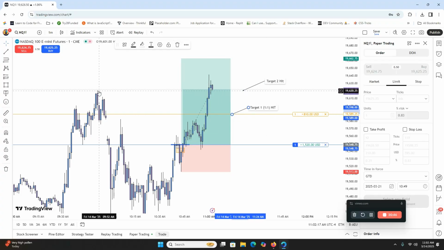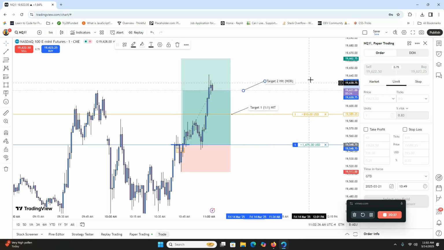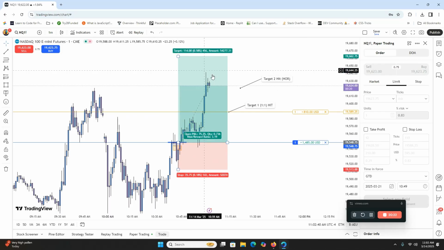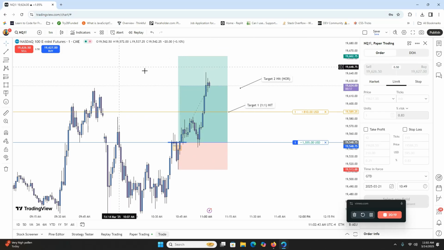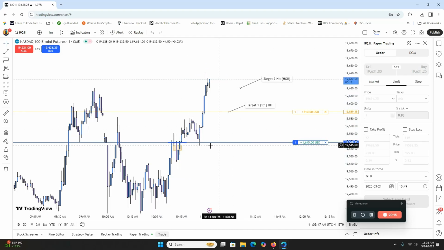Target 2 is the high, the high of the range. And then last, we leave a runner. So we pretty much can take this off and we leave the last one as a runner.